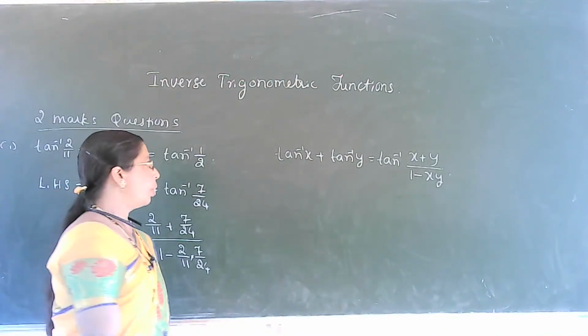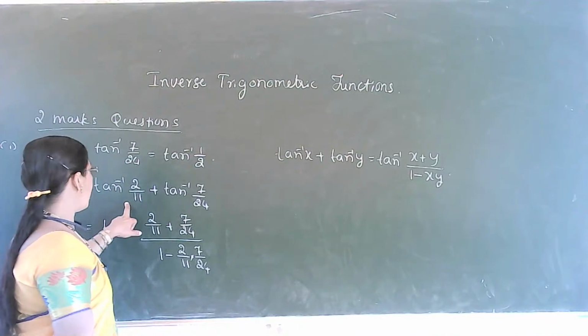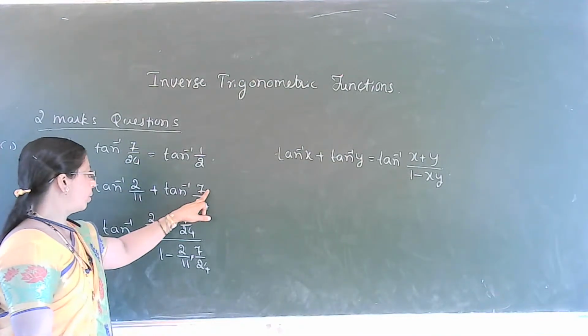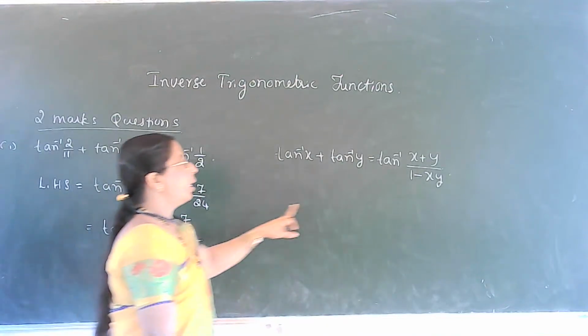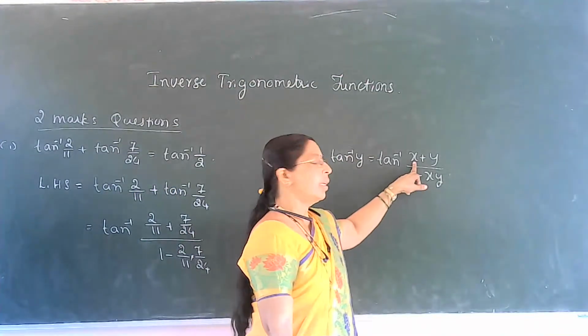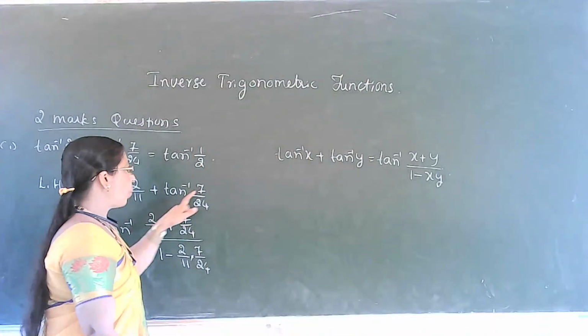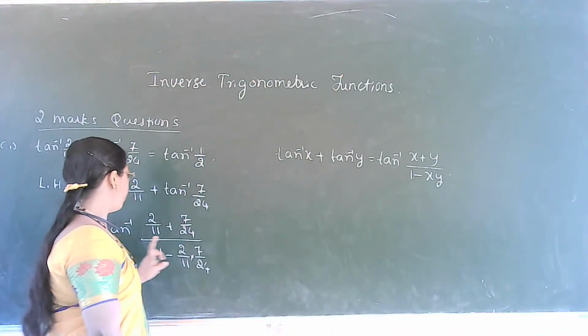This is the first step. We put the values of 2/11 and 7/24 in place of x and y, like x is 2/11, y is 7/24.